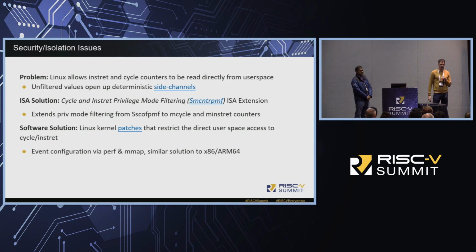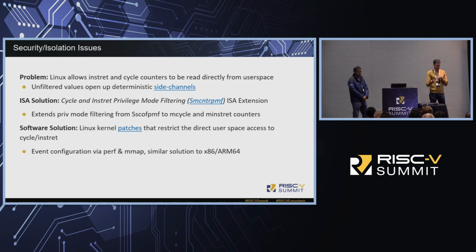One, we came up with an ISA extension. This is the cycle and instret privilege mode filtering extension. Basically, it's a very simple fast track extension that takes the privilege mode filtering components from the Sscofpmf extension that were applied only to the programmable counters and makes them available for the cycle and instret counters.